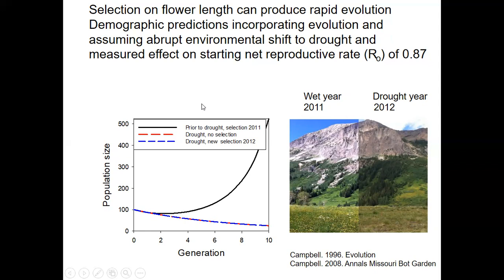It's only 56% as high. The population would start to decline. And if we add in selection under those drought conditions, it doesn't help. We get pretty much the same decline because selection on flower length is very weak with early snowmelt. The seed production is water limited rather than limited by pollination.